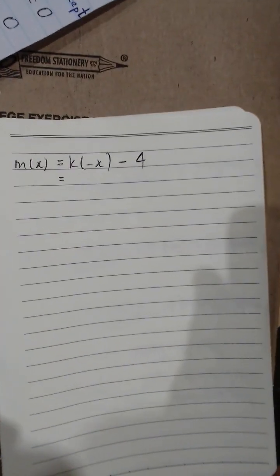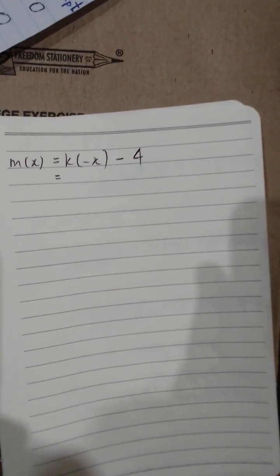K of negative x, where there's x, we put negative x. So 20 over, instead of x it is going to be negative x minus 10 plus 5, right? And then minus 4.